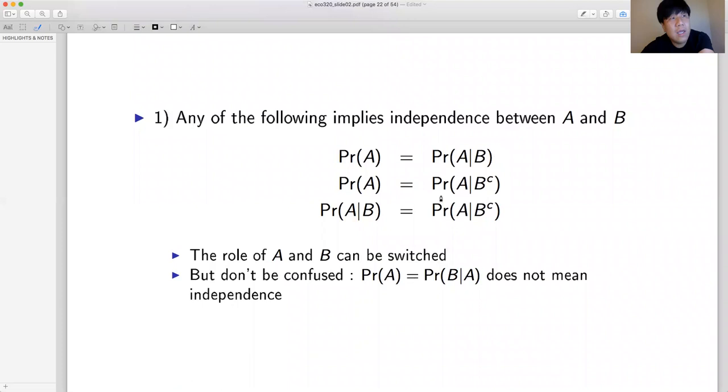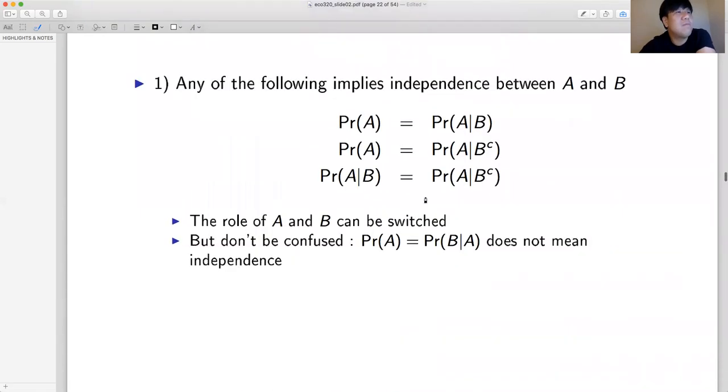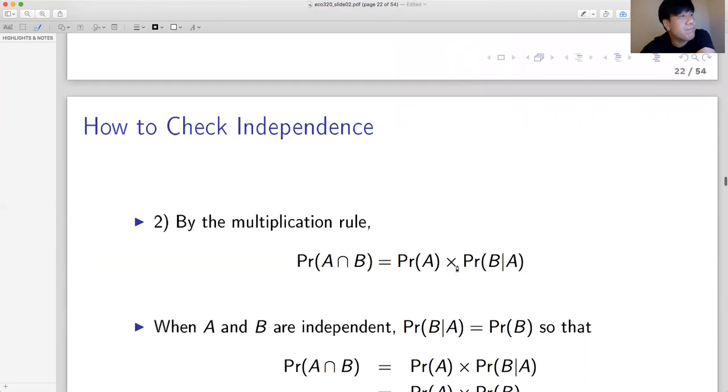Or similarly, equal to the probability conditioning on the tuition you are paying less than 50K. But if they are not equal, you cannot say they are independent. This one does not mean independence. You need to switch this one. So probability of A equal probability of A given B, this doesn't mean independence. Be careful with the notation, okay?